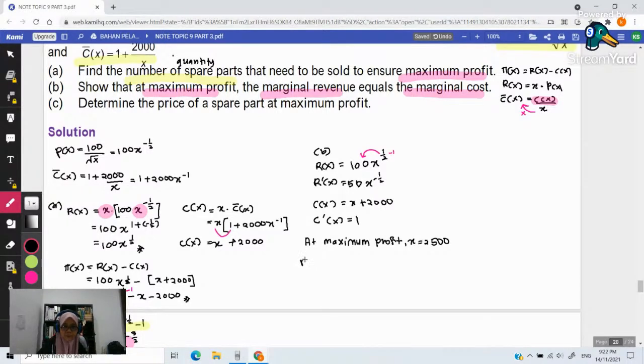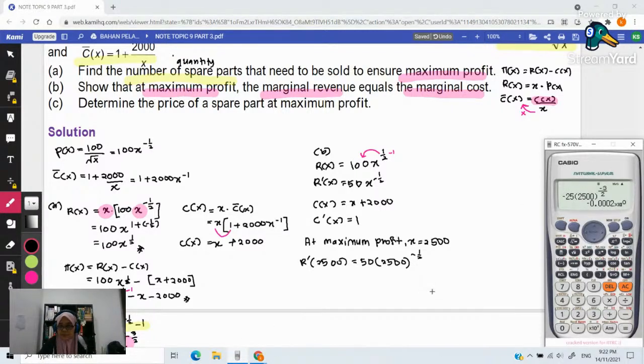So for R prime, we substitute 2,500: 50 multiply with 2,500 to the power of negative 1/2, and then we calculate. The answer is 1.